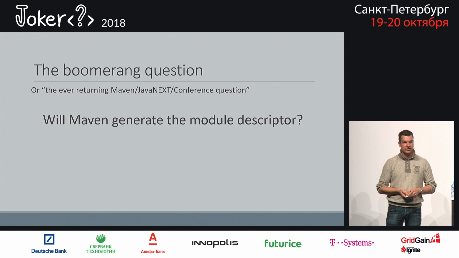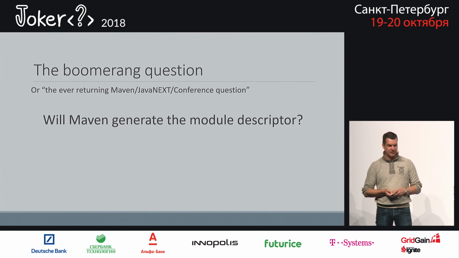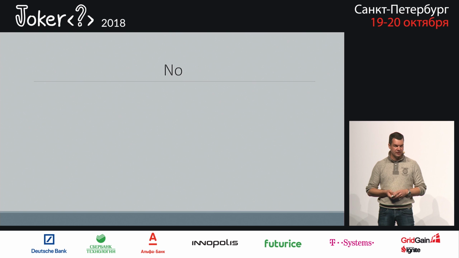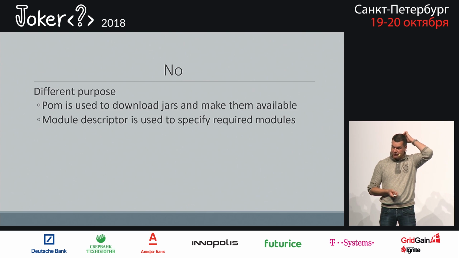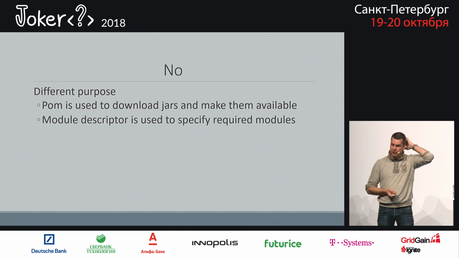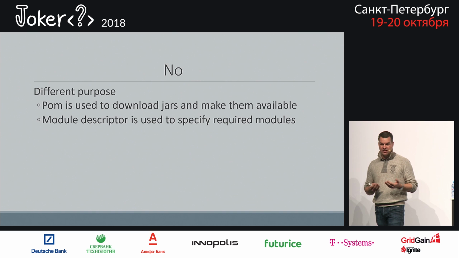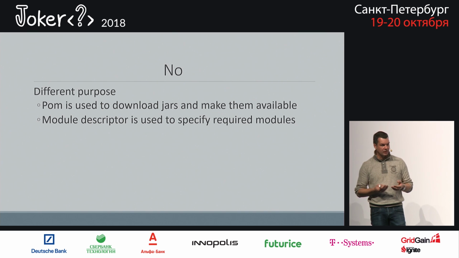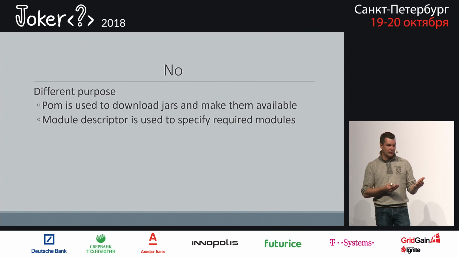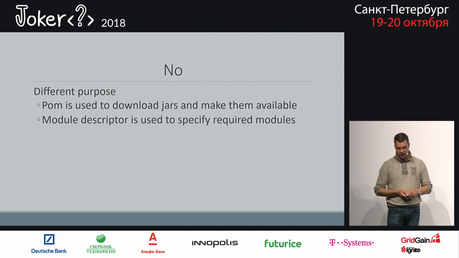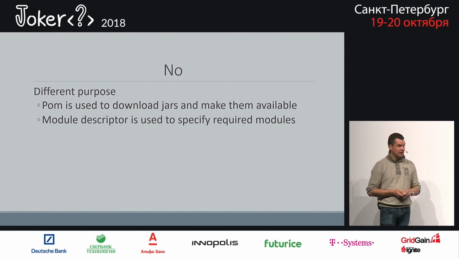And in this case, the answer is exactly the same as the one of the previous slide, and it's no. One of the most important reasons is they have different purposes. In the Pom file, you specify the dependencies, and they are used to download these jar files and to make them available for the plugins. Whereas the module descriptor is more like a check: are all these jars available?